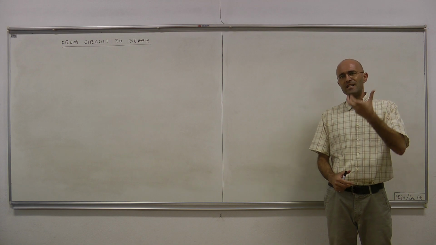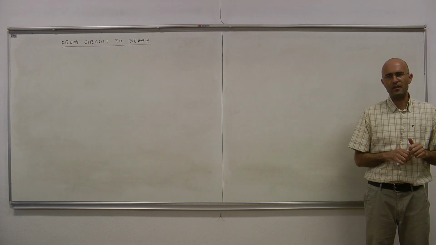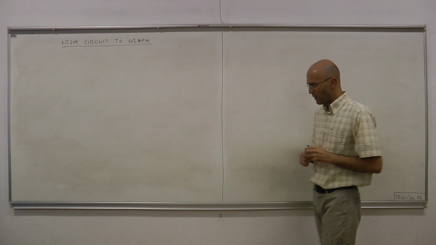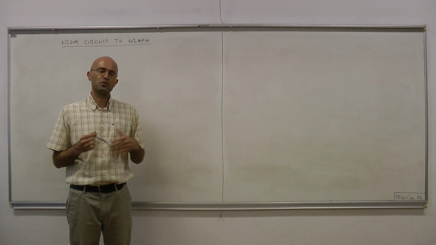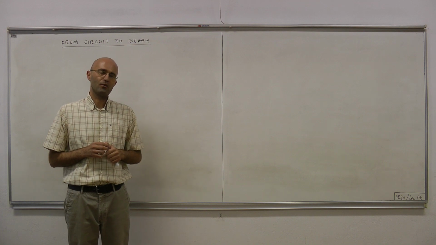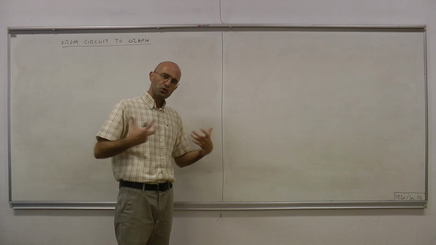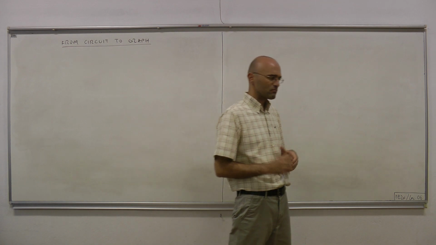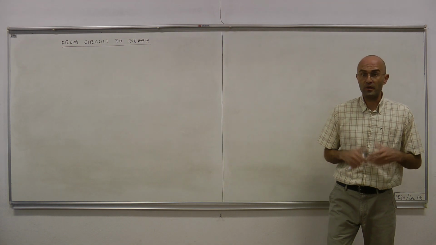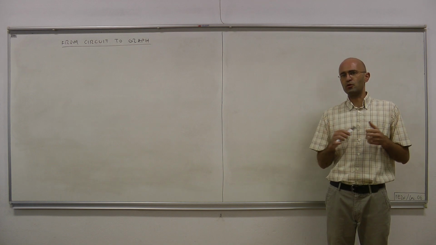Together they give half of the equations that we require, and the other half comes from the so-called terminal equations. So combining those two sets of constraints, we can solve any circuit.